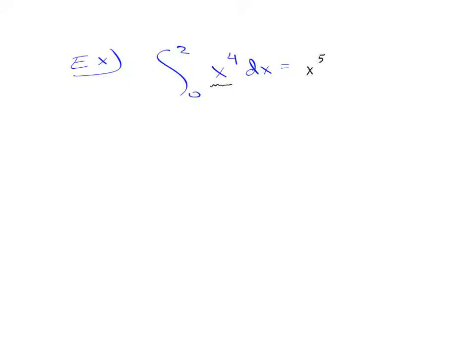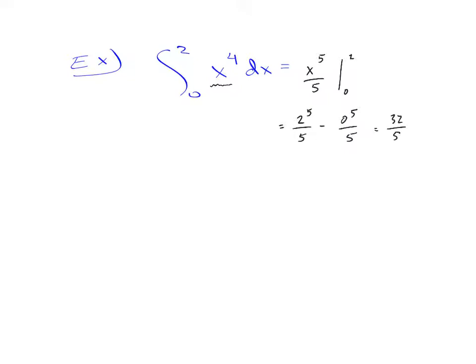That is x to the fifth over 5: add 1 to the exponent, divide by the new exponent, and that gets evaluated from 0 to 2. So we take 2 to the fifth divided by 5 minus 0 to the fifth divided by 5, and that is 32 fifths, or about 6 and 2/5.